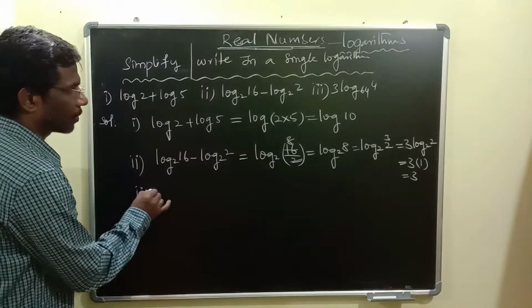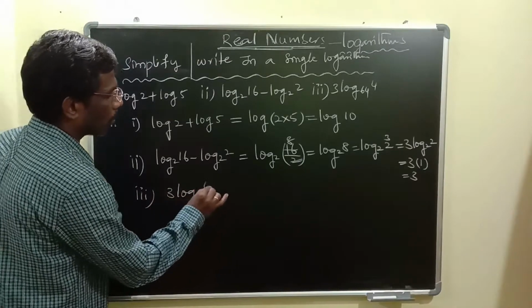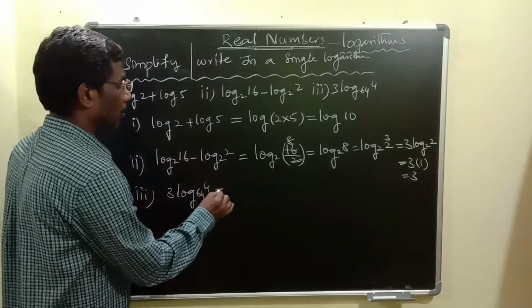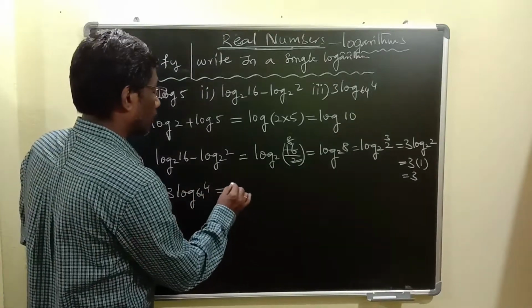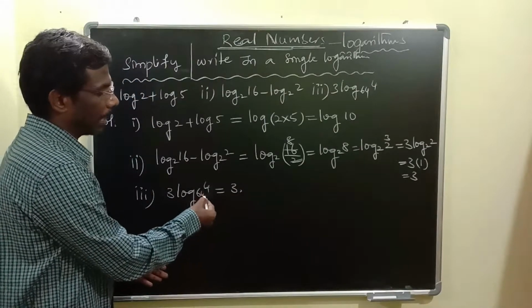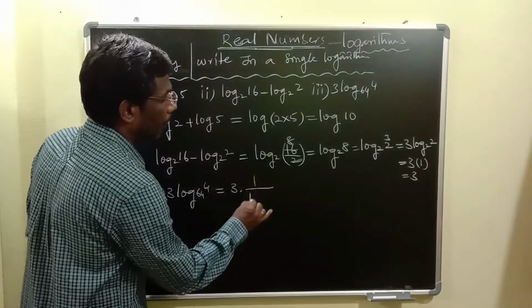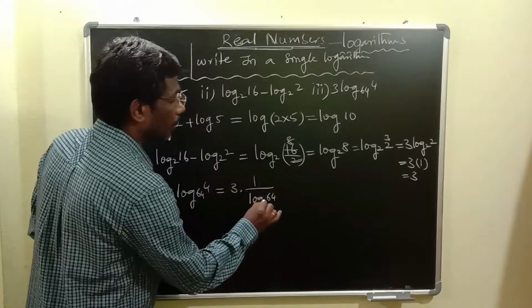Now the third one is 3 log 4 base 64. Write the 3 as it is. To change the power to a base, we write 1 by log 64 with base 4.